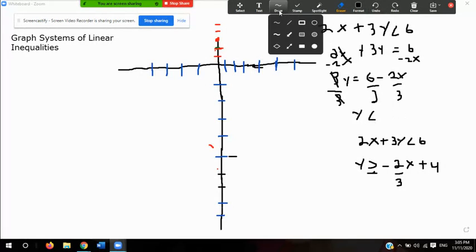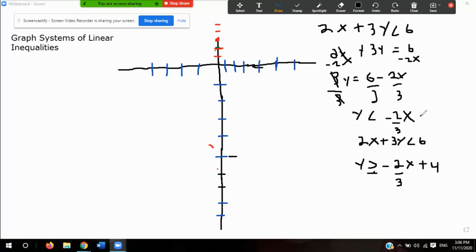Y is less than negative 2/3 x plus 2, because 6 divided by 3 is 2.